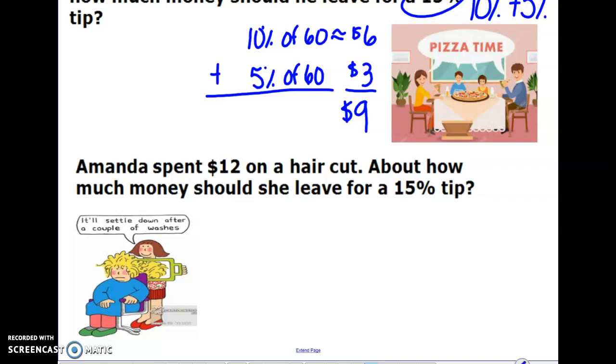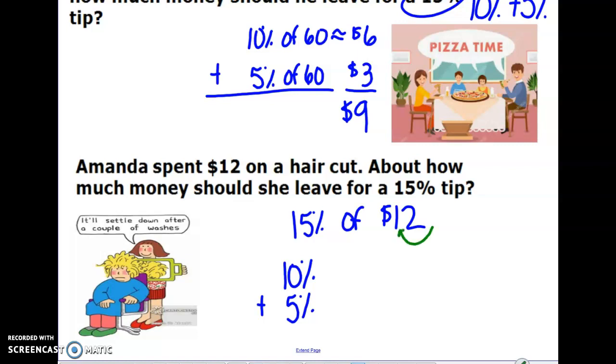The next one says Amanda spent $12 on her haircut. About how much money should she leave for a 15% tip? So we want to figure out what is 15% of $12. Once again, I'm going to think of 15% as being 10% plus 5%. 10% of 12, if I'm going to move my decimal point one place to the left, 10% is going to be $1.20.